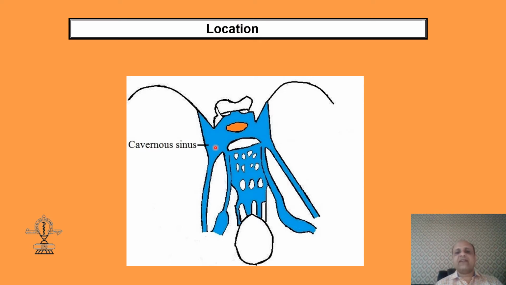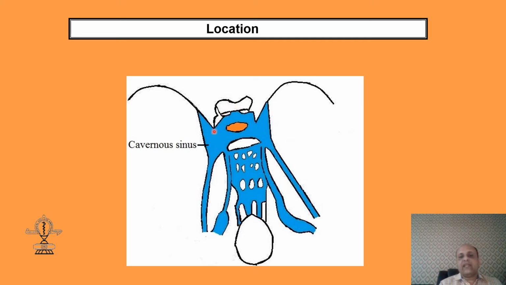So this cavernous sinus is situated on either side of body of sphenoid bone, and it has got an anterior extent and a posterior extent. Now here we see some other structures also in this figure, like this is optic chiasma. So this is optic tract.